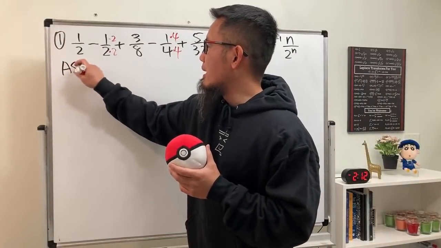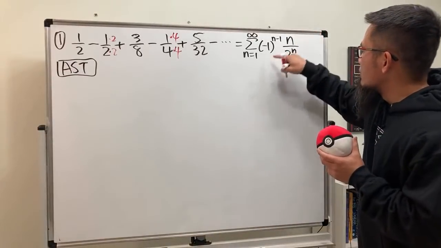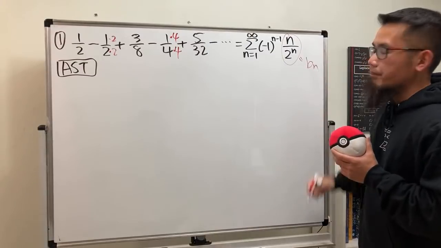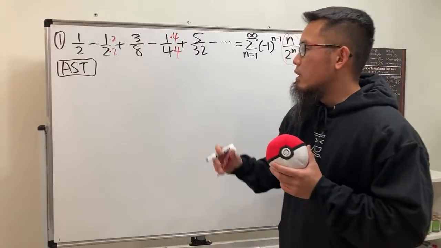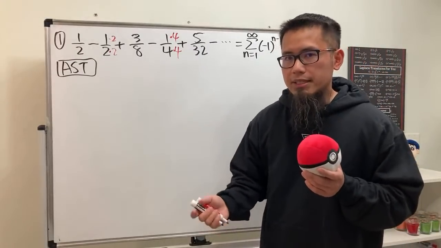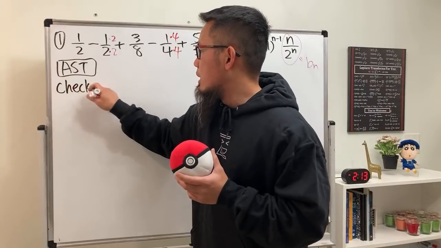So here we'll apply the alternating series test, and this is all you have to do. Pay attention to the positive terms, which is the bn portion, n over 2 to the n. Because we have this alternating factor, we can use the alternating series test. To do so, all we have to do is check the following.